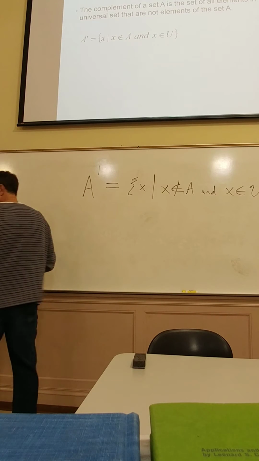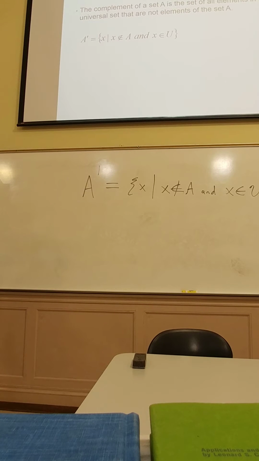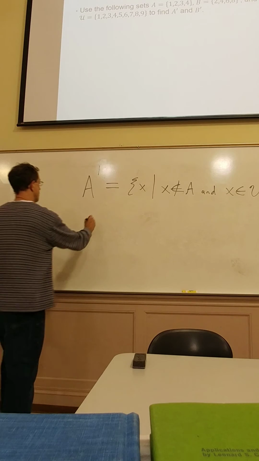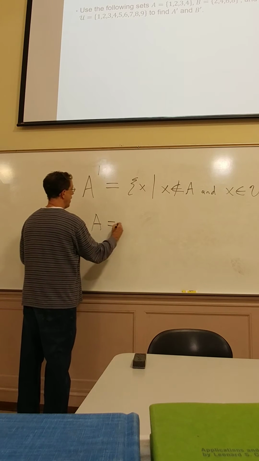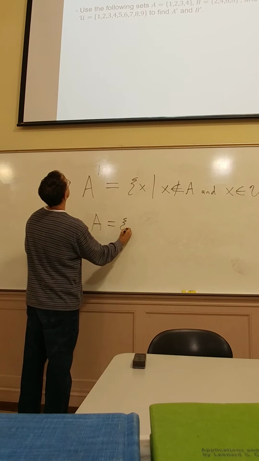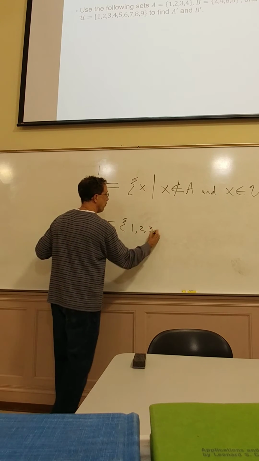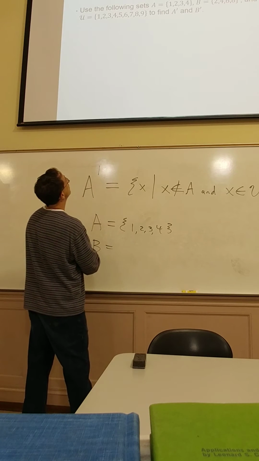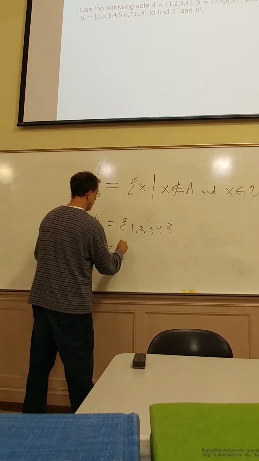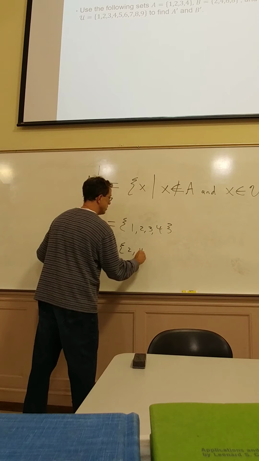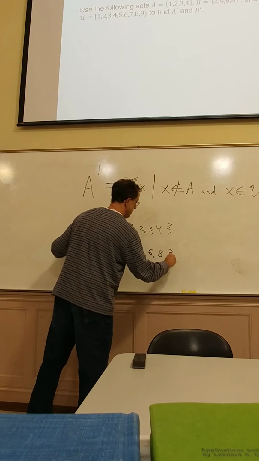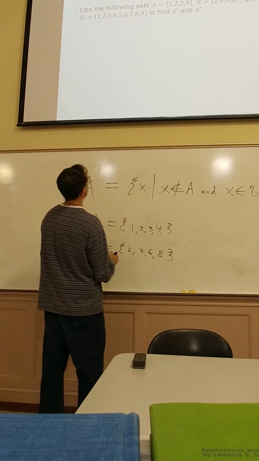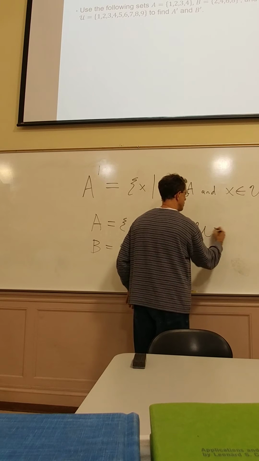So let's do an example where we're actually looking at some elements. A is the set 1, 2, 3, 4. B is the set 2, 4, 6, 8. And the universal set is every number 1 through 9.